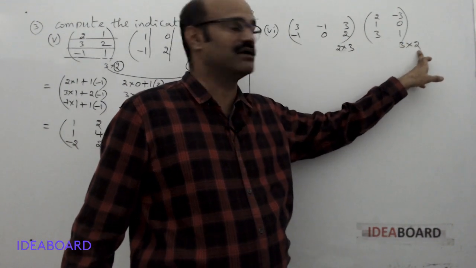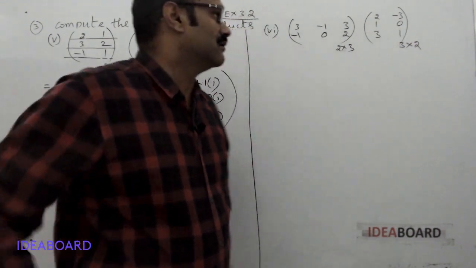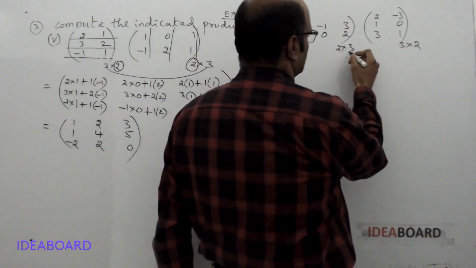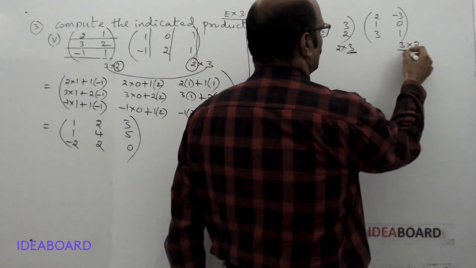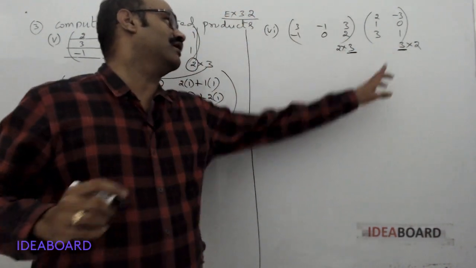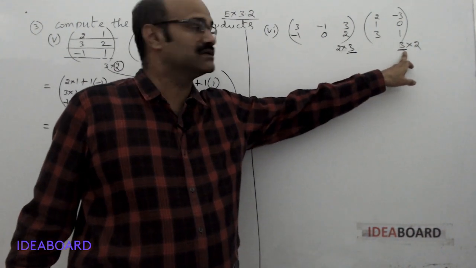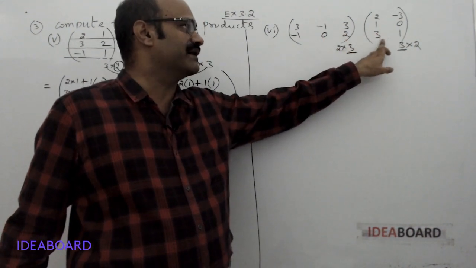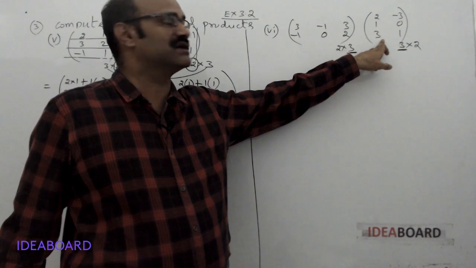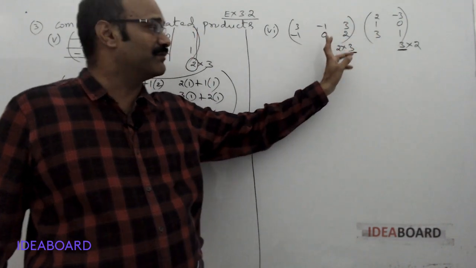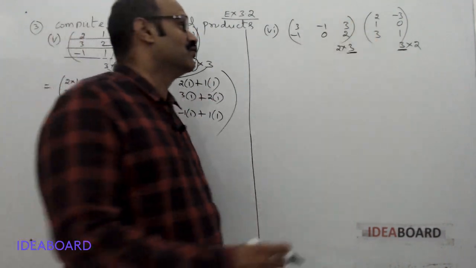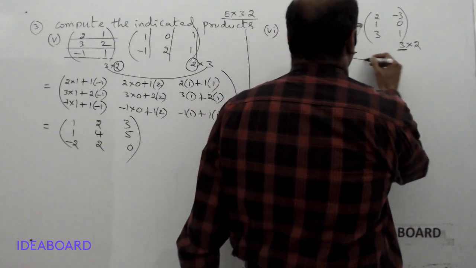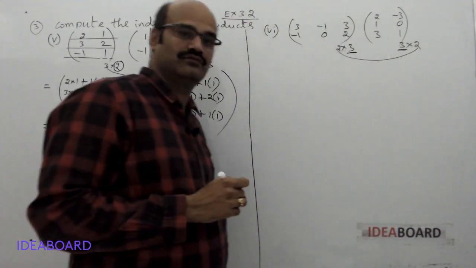Since the number of columns in the first matrix equals the number of rows in the second matrix, we can multiply these two matrices. Matrix multiplication is possible. After multiplying, we get a matrix of order 2 by 2.